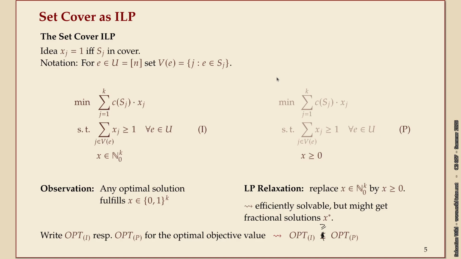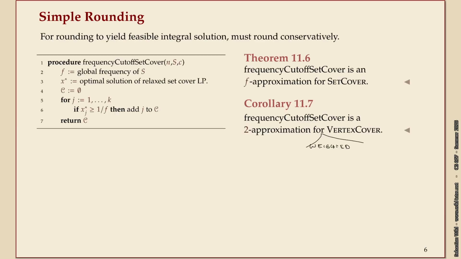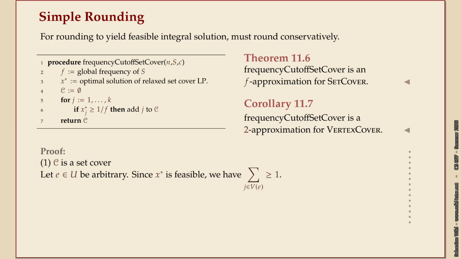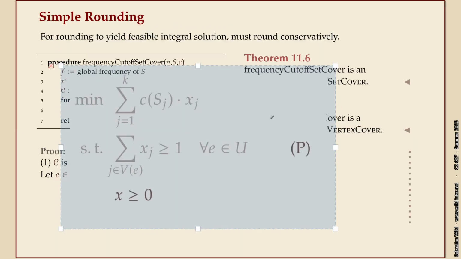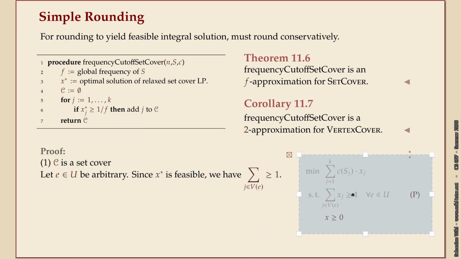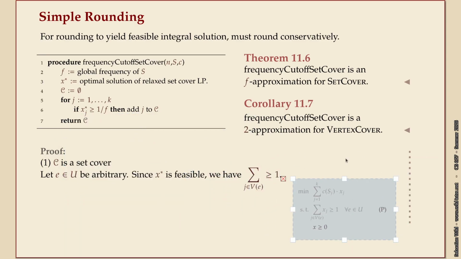It's worth taking a picture. So it has to satisfy, in particular, this constraint for this specific e.